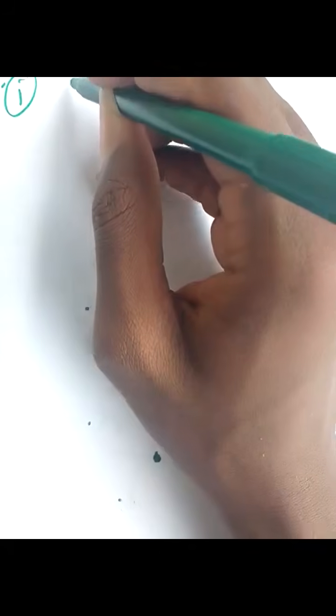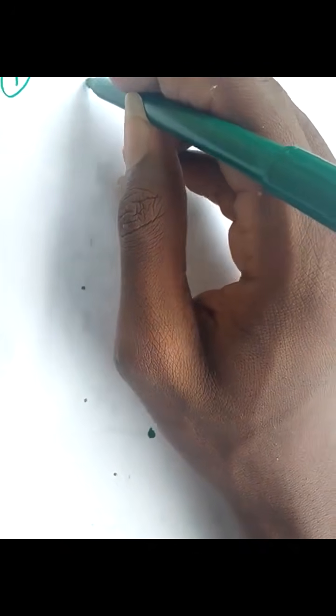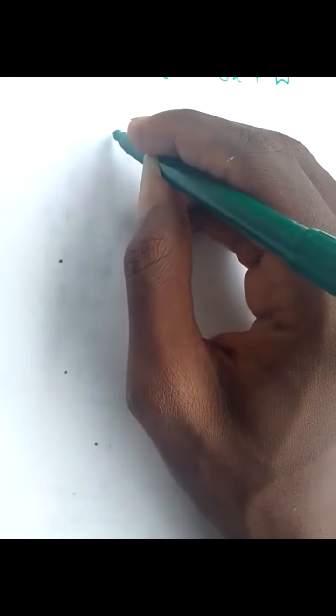Alright, the first condition is when it cuts the axis twice. They have given you this equation of a quadratic function. Now let's try to sketch it. Let's say we have this Cartesian plane.